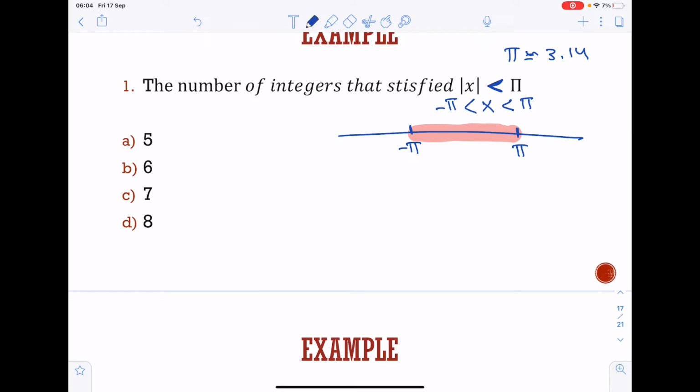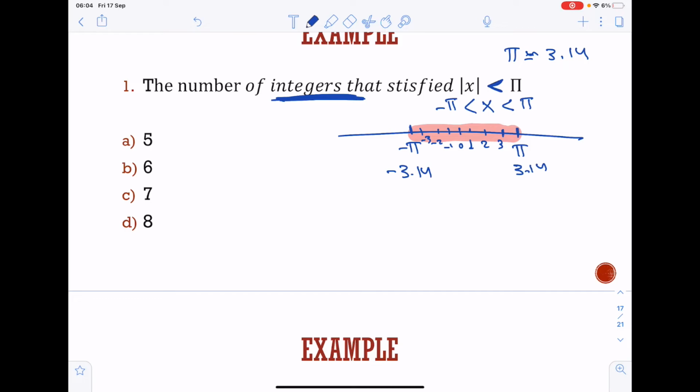Since this one is 3.14 and here negative 3.14, the first one here is 3, then 2, 1, 0, negative 1, negative 2, and negative 3. So the integer values that satisfy this are from negative 3 to 3.